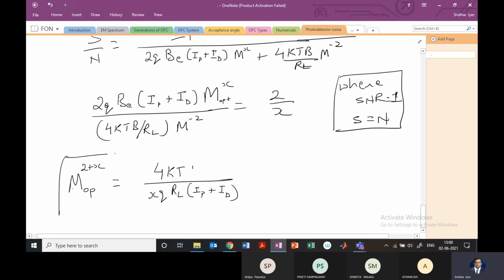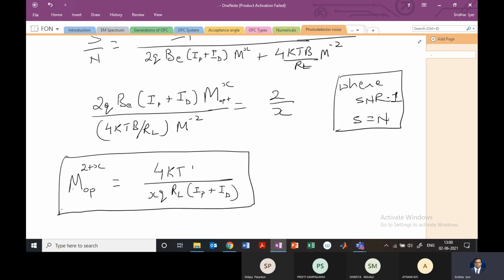So this is the manner in which we can calculate the optimal multiplication factor. Obviously we should be given this value of x, which is the excess noise factor, right? And once that is given, then we can always go ahead and find this equation.